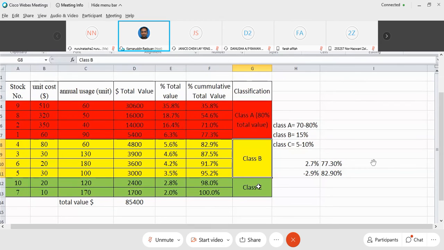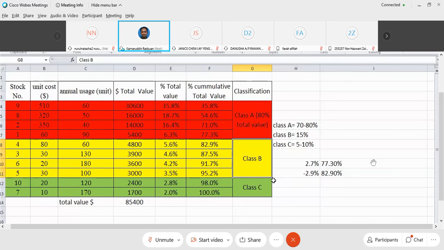Automatically the rest of the items left after we classify the items as class A and class B will be the class C items.